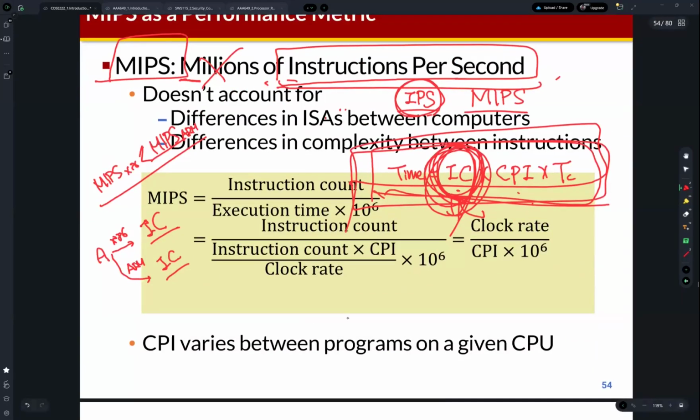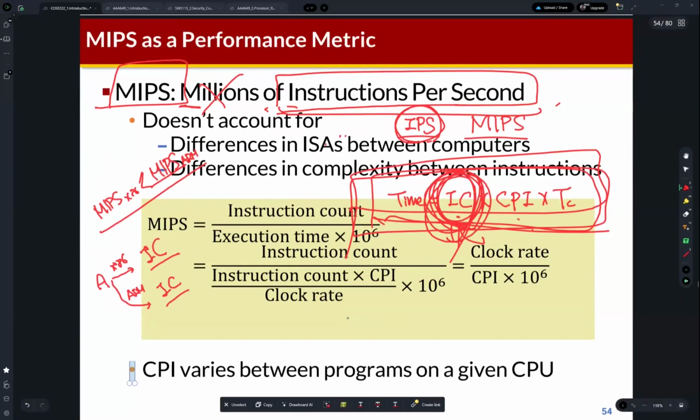Another performance metric is MIPS, the number of instructions per second. In order to use MIPS as a performance metric, we need to use the same ISA or the same compiler, which means that if the instruction count is the same, then we can use MIPS.